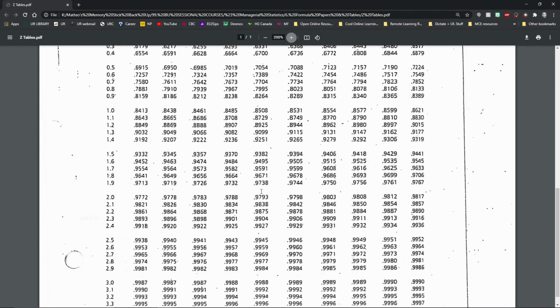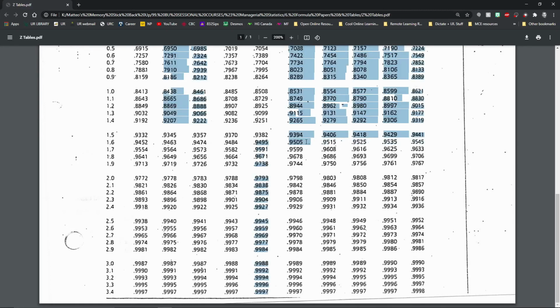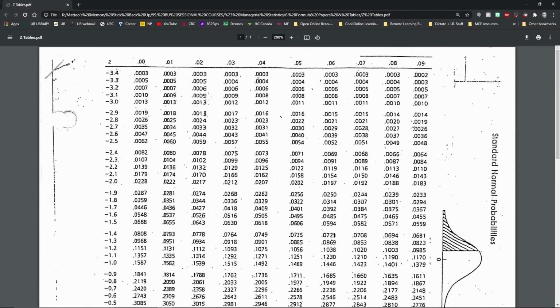So now we're doing a reverse lookup. And where is it here? No, we don't have exactly 95%. We do have 94.95 and 95.05, which are exactly 0.005 units from 95. So we're going to do the average. So we're at 1.64 and 1.65.